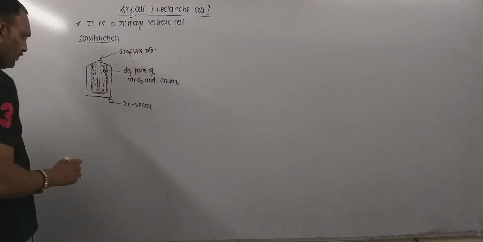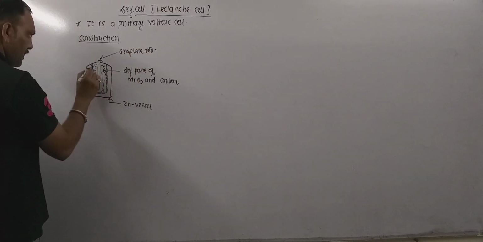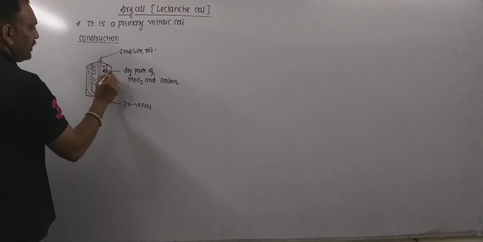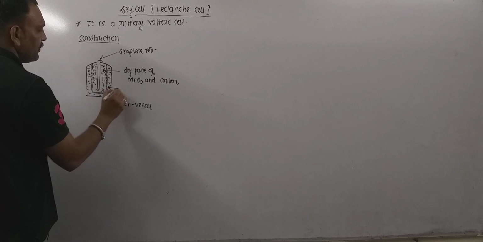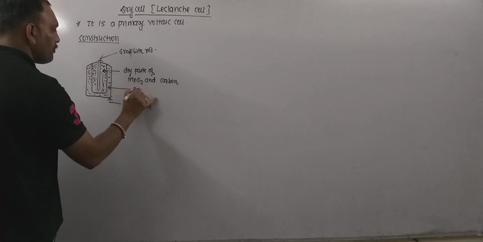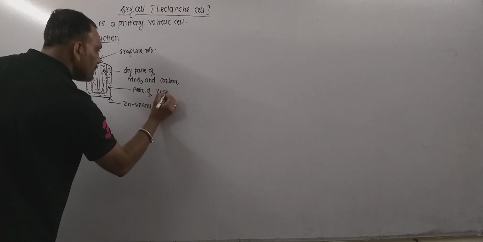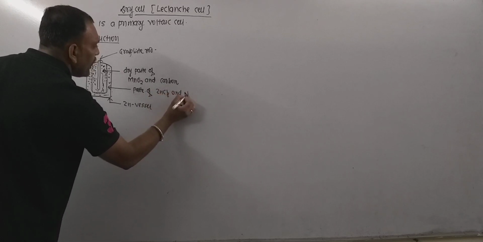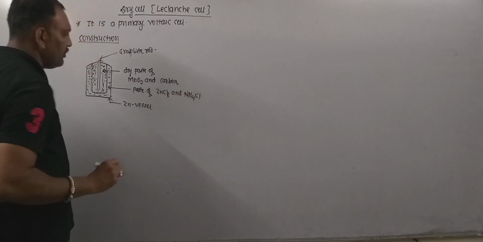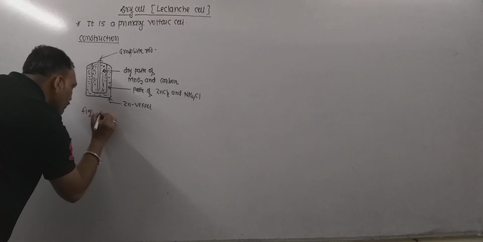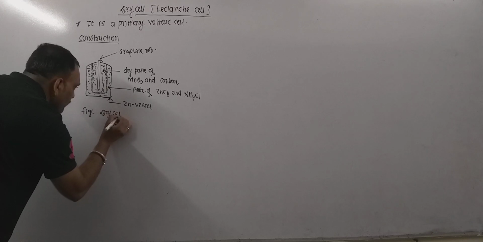Graphite electrode is cathode, no doubt, and the remaining portion of the zinc vessel is filled by the aqueous paste of ZnCl2 and NH4Cl. So this is the simple construction of a dry cell.